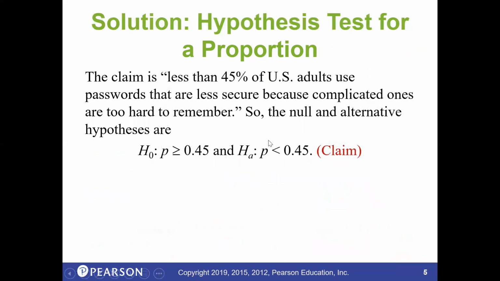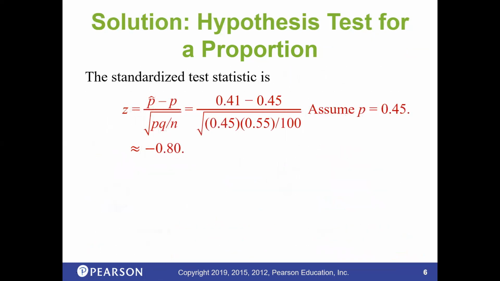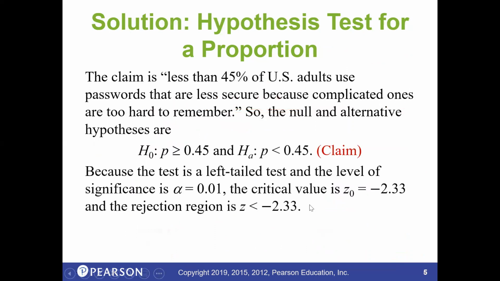Okay. There it is. Rejection region: any z-score of less than negative 2.33 will fall into the rejection region. Okay, your job: can you use the formula and find me our calculated z-score?